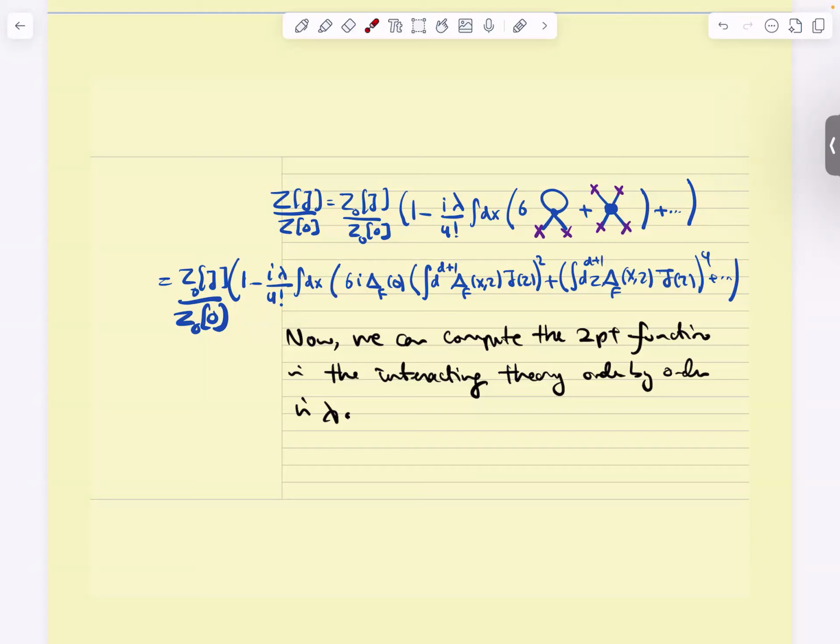We said it will be 0 because we still have the Z2 symmetry. Lambda phi 4 has Z2 symmetry, right? This is the 1-point function. This is the vacuum of the interacting theory, right? Fine. Good. Now, what's the 2-point function? So the 2-point function was i Δ_F(x minus y).